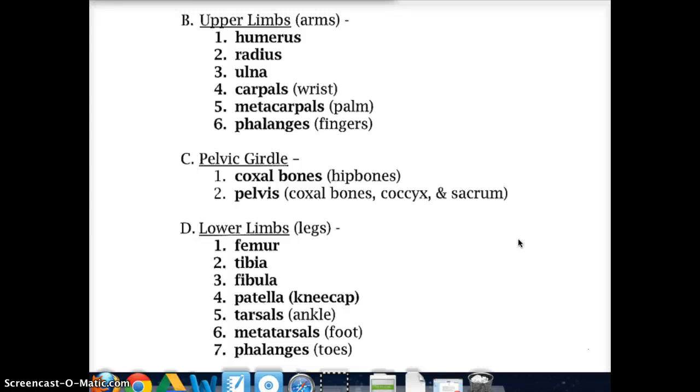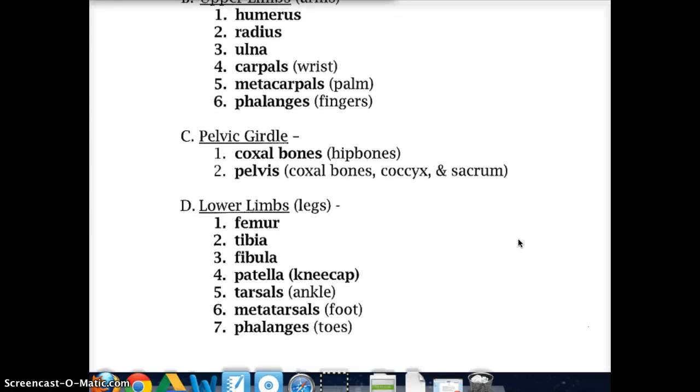And that's where you have your femur attached. The proximal end of your femur is going to go into that socket within your pelvic girdle, and then down to your knee, where you've got the tibia and fibula going down to your feet. The patella is your kneecap, and then you have tarsals, metatarsals, and phalanges.